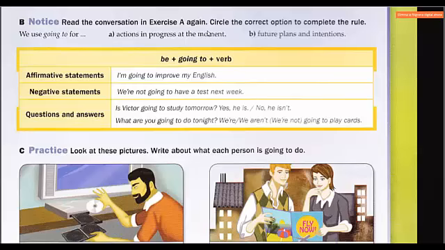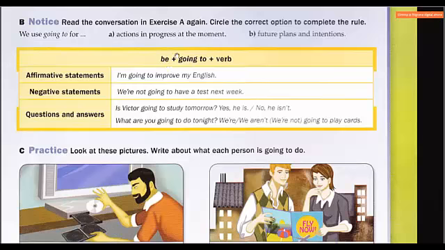Things that happen in the near future when we use present progressive. Now, today we are going to talk about going to.